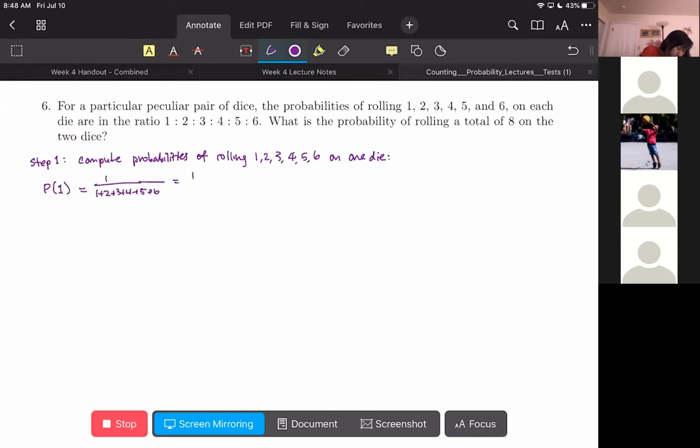And that is 1 over 21. Probability of rolling a 2 is 2 over 21. Probability of 3 is 3 over 21. Probability of 4 is 4 over 21.